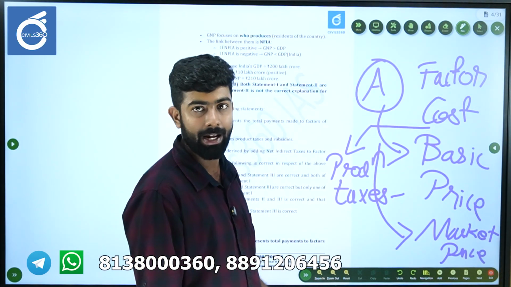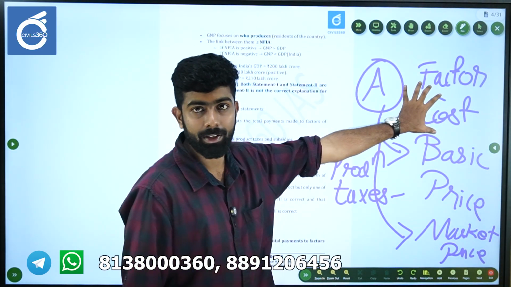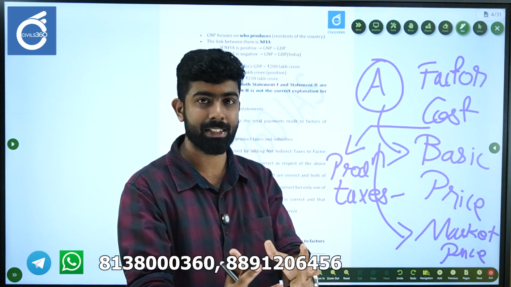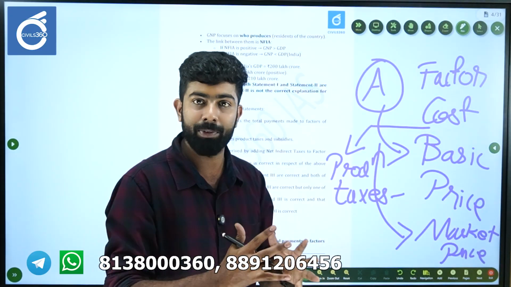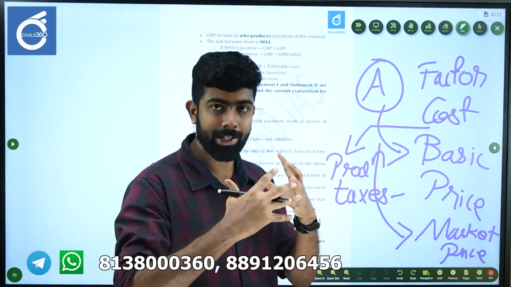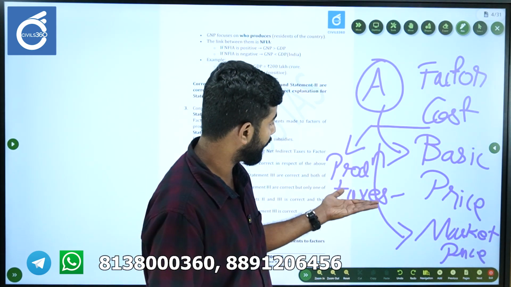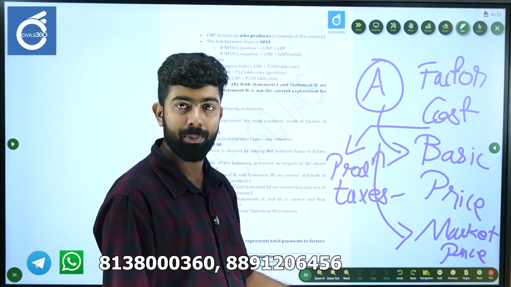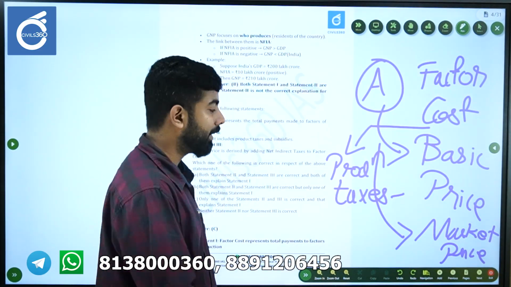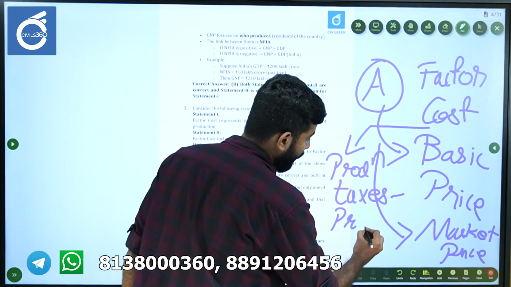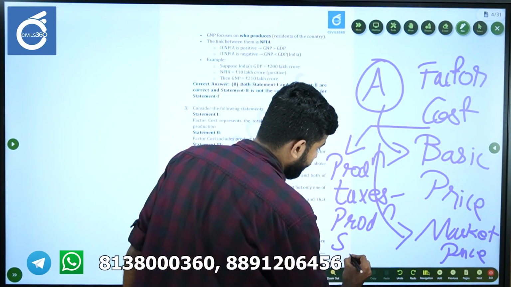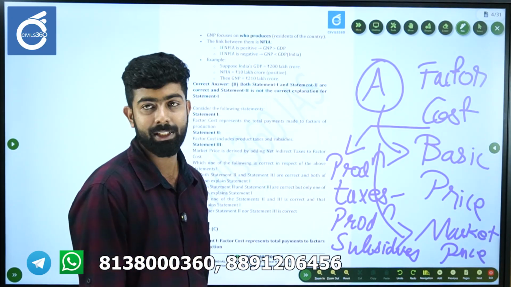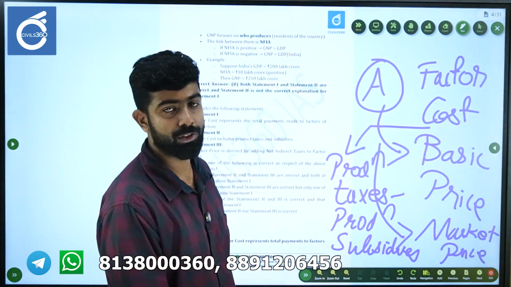This is production: A did something to that product, and those extra things cost production taxes. If the government subsidizes his production, there will be subsidies, and that amount has to be subtracted. So production taxes and production subsidies.